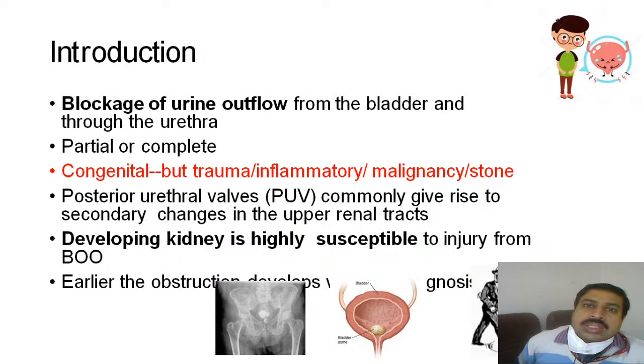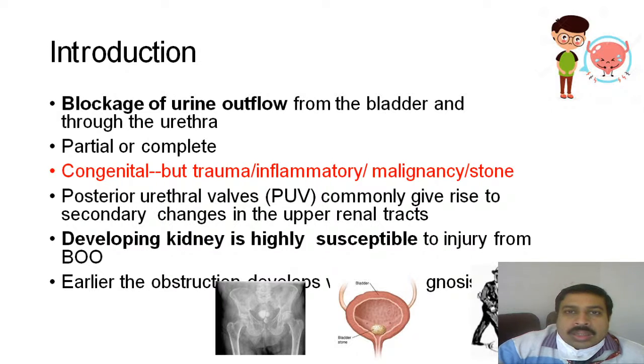So what are the conditions? If somebody asks us about the etiology, it could be broadly classified, as we classify every disease, into congenital causes, infective or inflammatory causes, and also trauma, as you can see in this slide. These are called straddle injuries. Of course there is another group where we have stones. The stones can get lodged in the bladder.